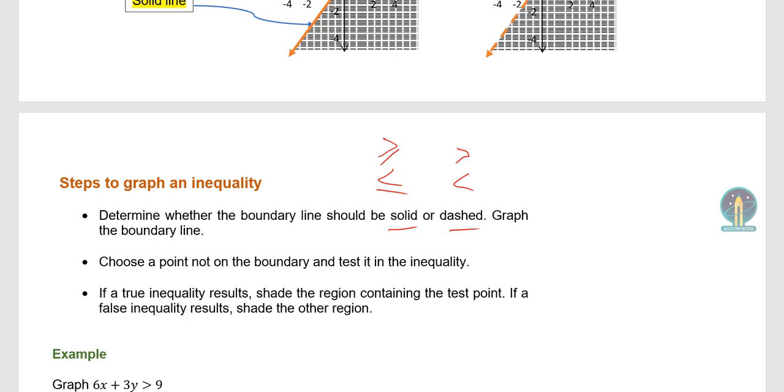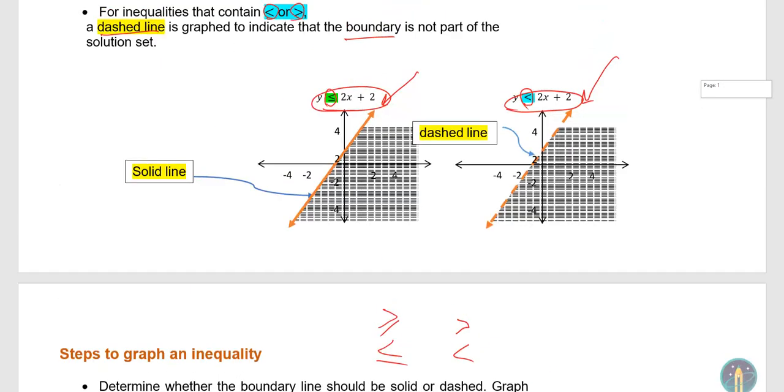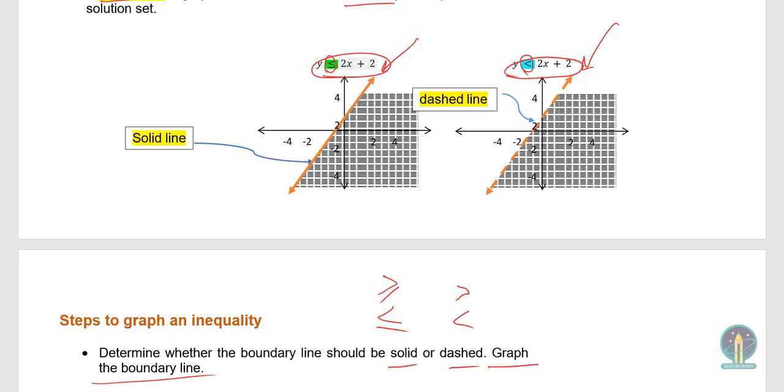Once you've determined this, you graph the boundary line, and you can very easily do this by just treating the inequality as if you were graphing a line, as if you were just graphing the line y equals 2x plus 2. In fact, this line is the line y equals 2x plus 2.